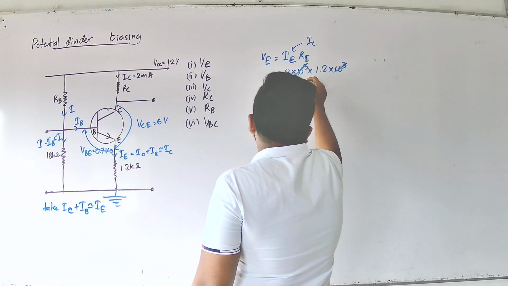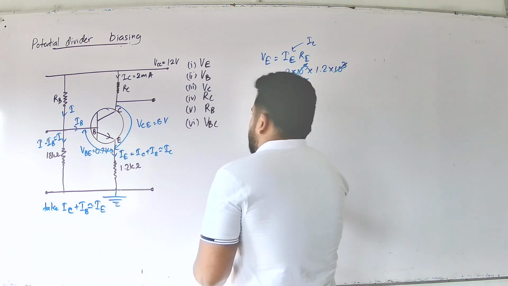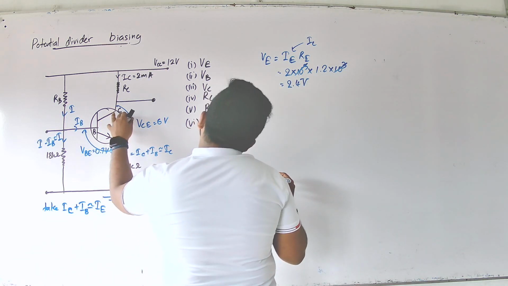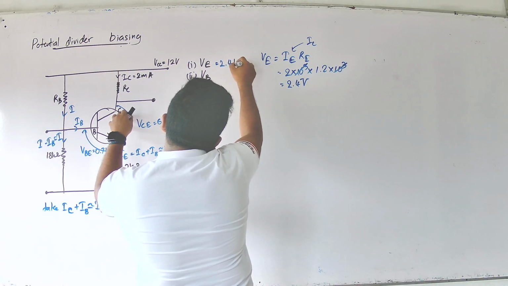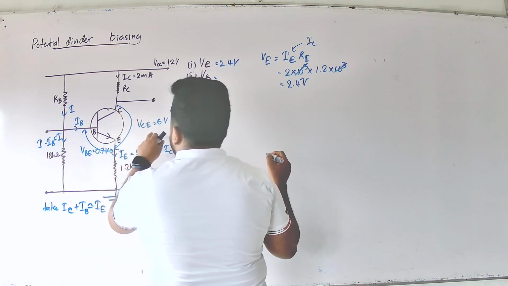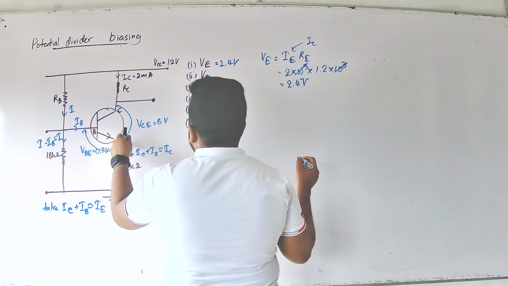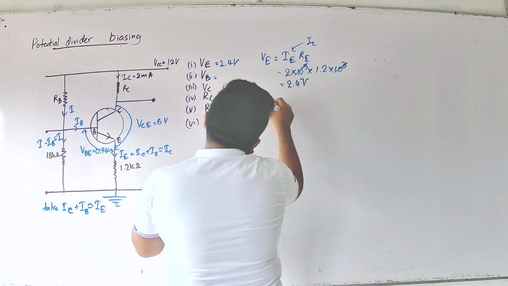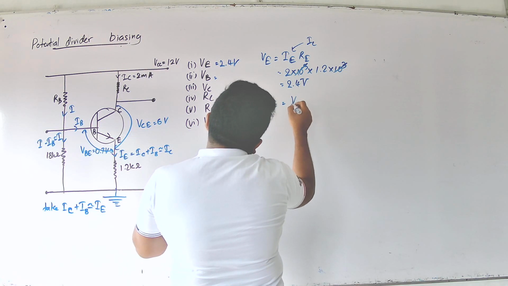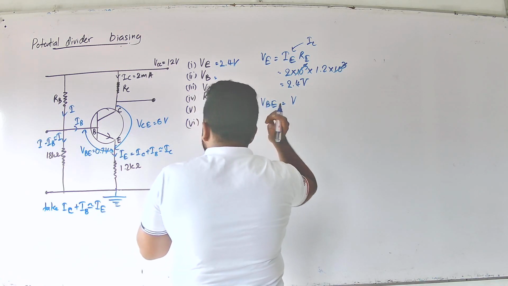2.4. VE equals, okay, so that means 2.4. VB means VBE, we know VBE equals VB minus VE.